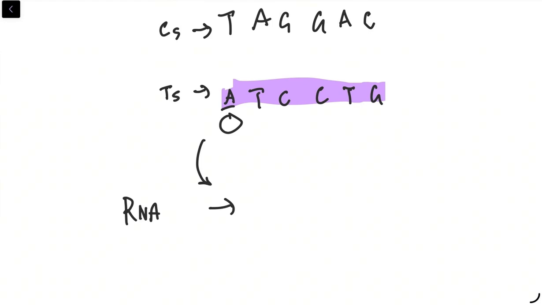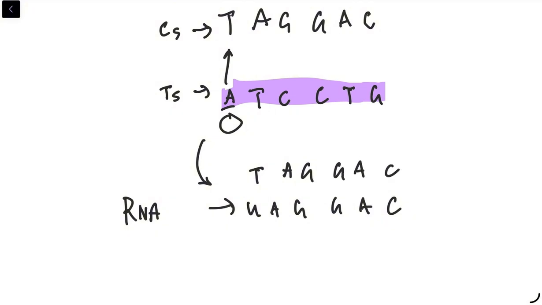In DNA, A pairs with T, but in RNA there is no T available, so A will actually pair with U. Then T pairs with A, C pairs with G, G, A, C. So we can see that our coding strand and our RNA strand are a little bit different. Wherever there is a T, U replaces it. So it's a bit different, but that's all you need to know really about transcription.